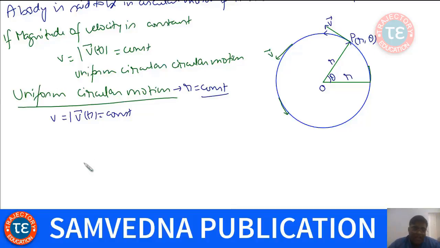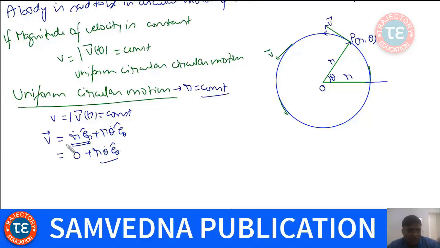In the last video we discussed that in a plane polar coordinate system, with an initial line and origin, the velocity is given by r dot e_r plus r theta dot e_theta. Here r dot will be 0, so velocity has only a transverse component.